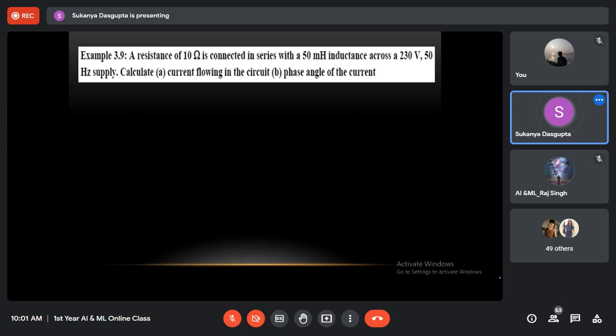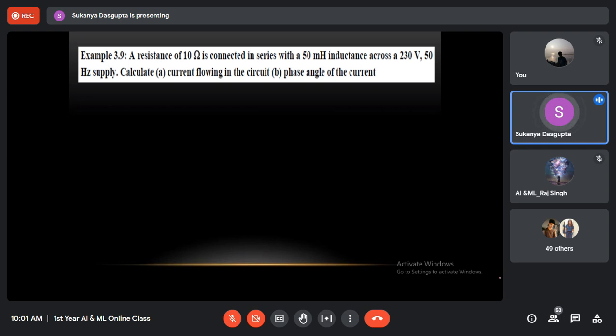It's a coil having the inductance 50 millihenry in series with resistance 10 ohm, which is connected across a 230 volt, that is the RMS value of supply voltage. You have to find out the current flowing in the circuit, so the main current, the source current, and the phase angle of the current.